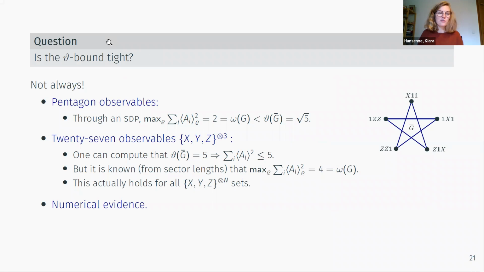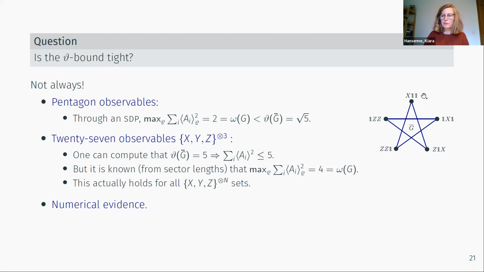But then the question that follows from this is: is the Lovász theta bound a tight bound? Well, as we saw later, actually no, not always. So meaning that we found some examples where the Lovász number bound is not tight. So if we take now pentagon observables, so I put them here again. So these are the anti-commuting relations.